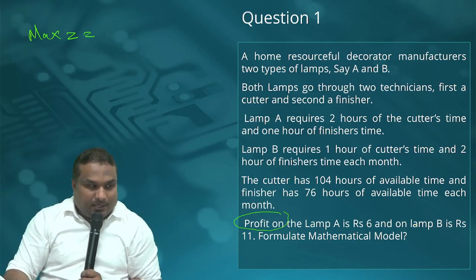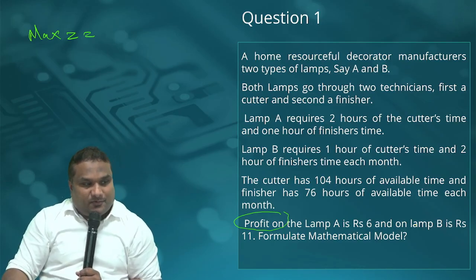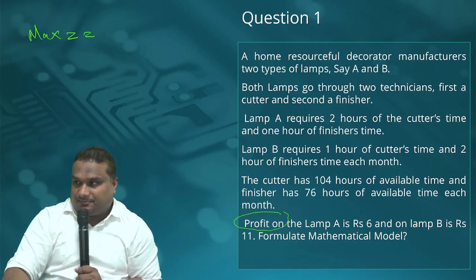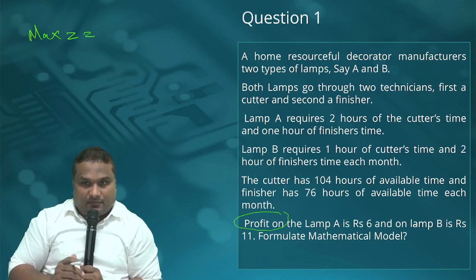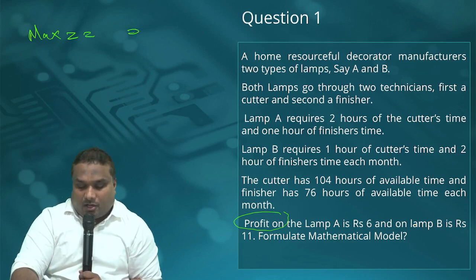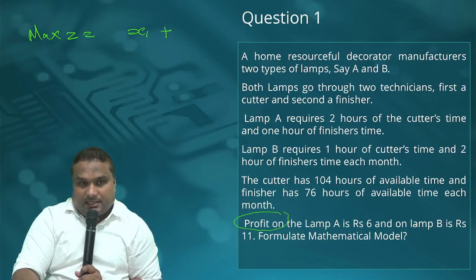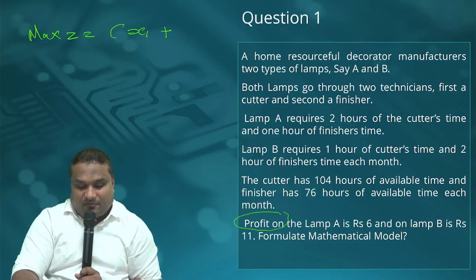Now look at, my dear friends, what is the profit we are getting on the first item? 6 rupee. I don't know how many of the first item I am going to make. Let their number be x1. For every one item I make, I will get 6 rupee.